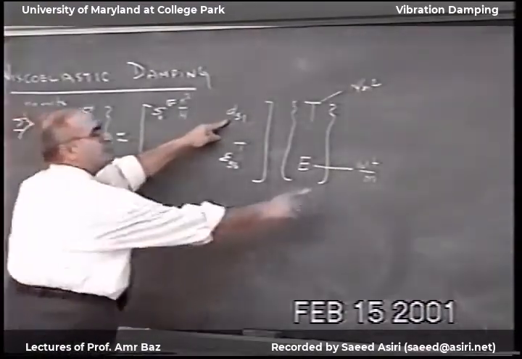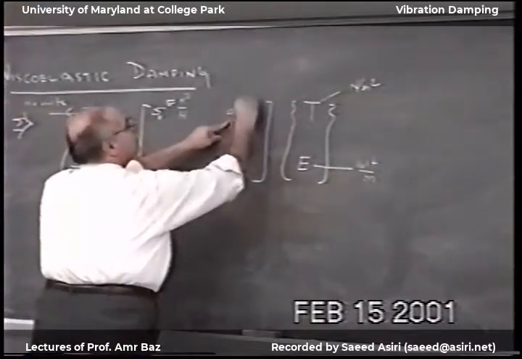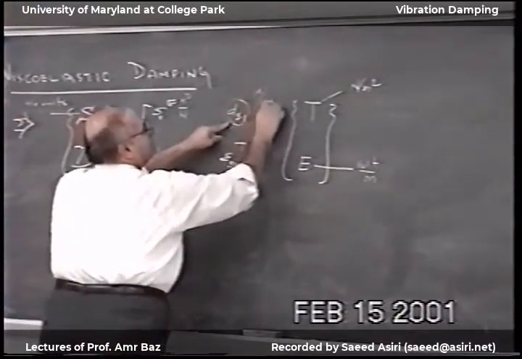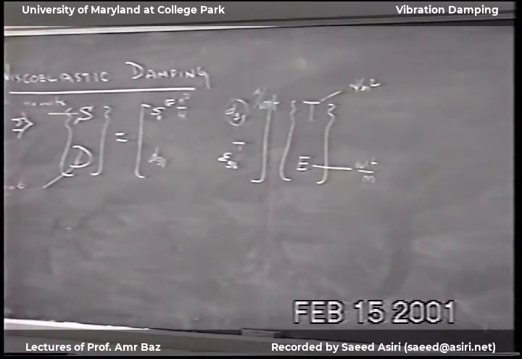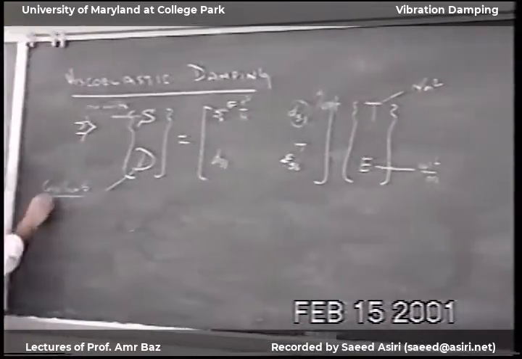D31 should have the reciprocal of these units: meter per volt. Now the electric displacement is so many coulombs of charge per meter squared.